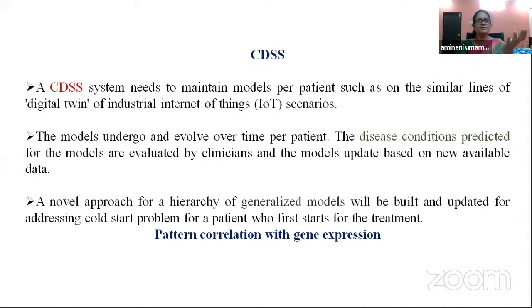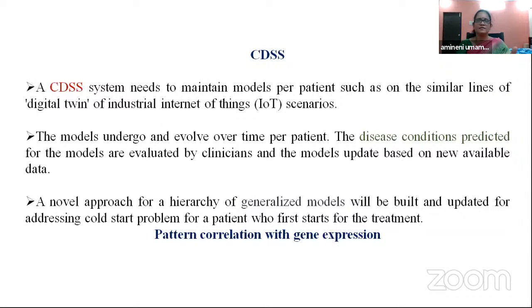So once we insert all these things, we will get results like this cancer is in this stage, and this drug is suitable, and like that it will give the entire output once this system is ready.